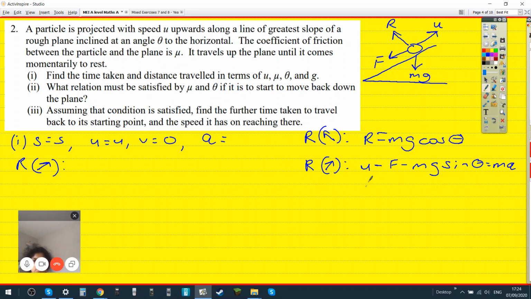So F equals mu R. So you could substitute mu mg cos theta instead of F into this one down here. So instead of F, we can write mu mg cos theta.